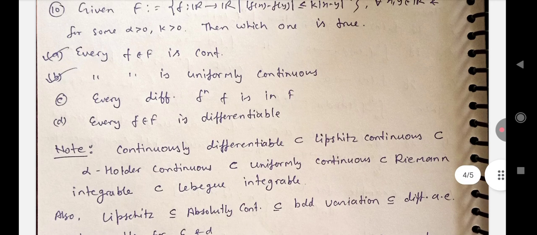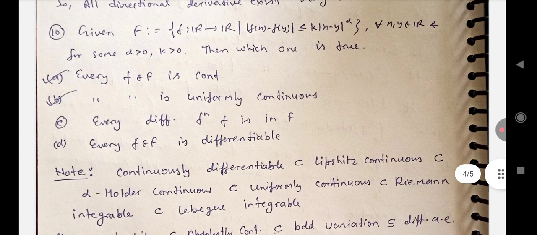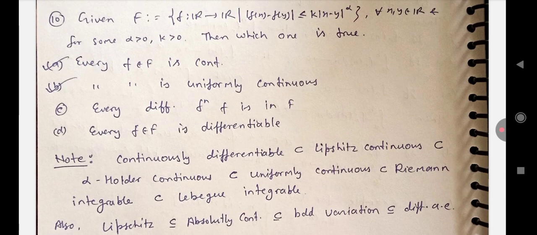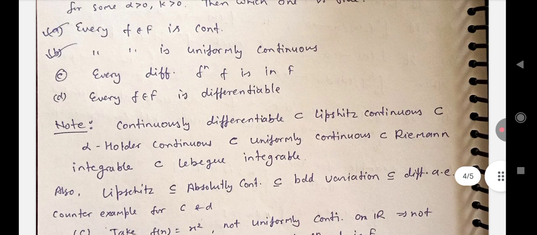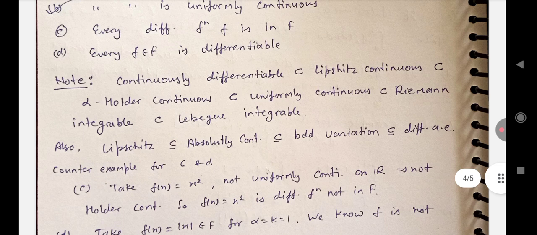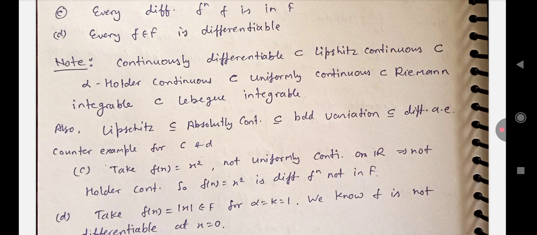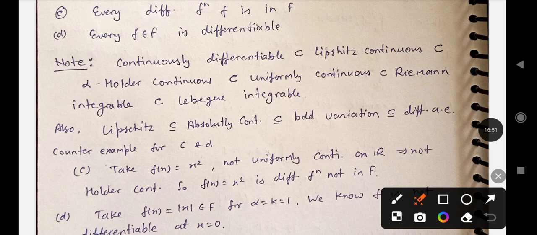Every differentiable function f is in this class. This is not true because the Lipschitz condition doesn't imply differentiability. We have a note like this: continuously differentiable is a subset of Lipschitz, Lipschitz continuous is a subset of alpha-Hölder continuous, and this is a subset of uniformly continuous.